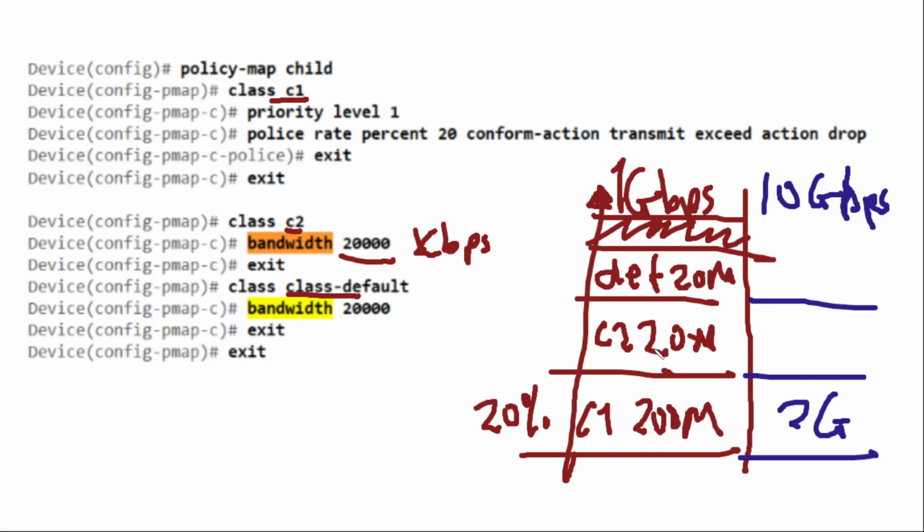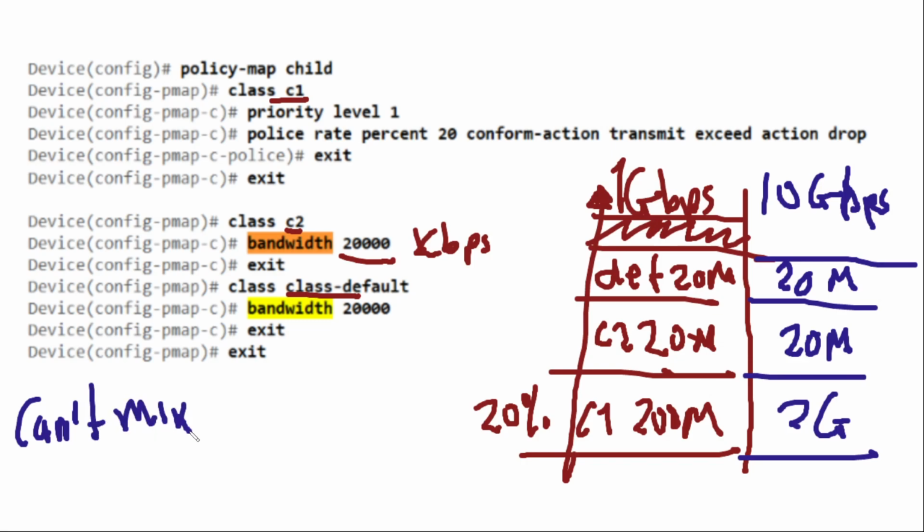Class C2 will still get 20 megabit per second because this value is absolute, and class default will also get 20 megabit per second. Notice that there is a rule that says that you cannot mix absolute values with percentage. We are not breaking this rule here because we are using police in order to establish this percentage. We are not using bandwidth.